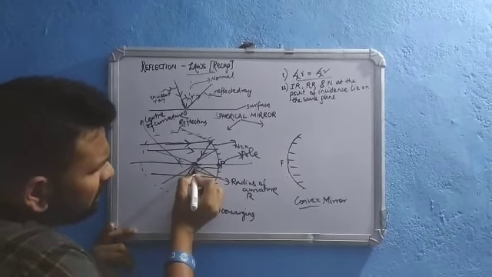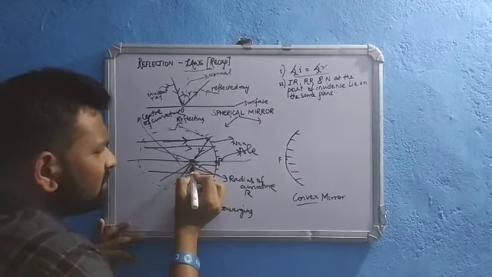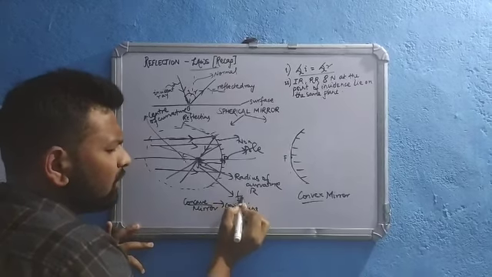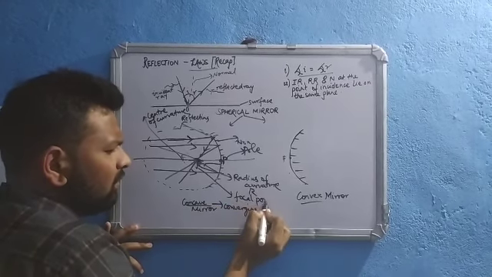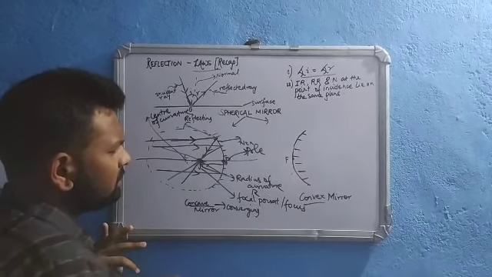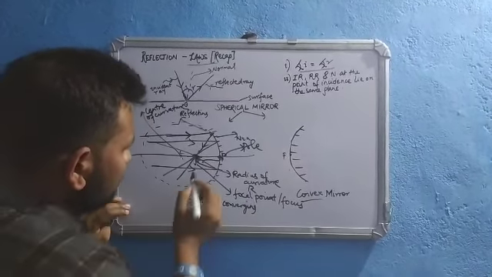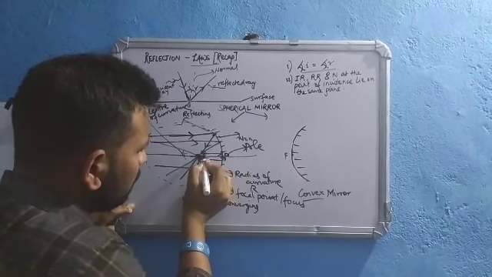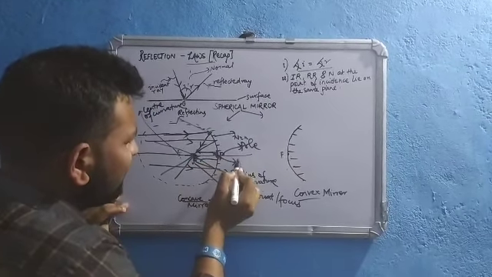So the point of convergence, for the time being, let us consider this to be F, and this is called the focal point, or sometimes called focus.